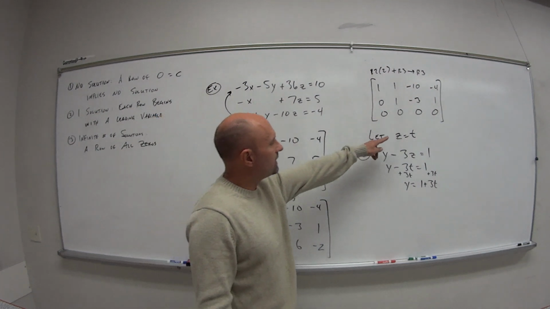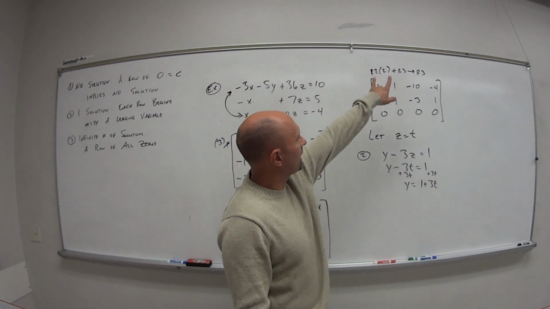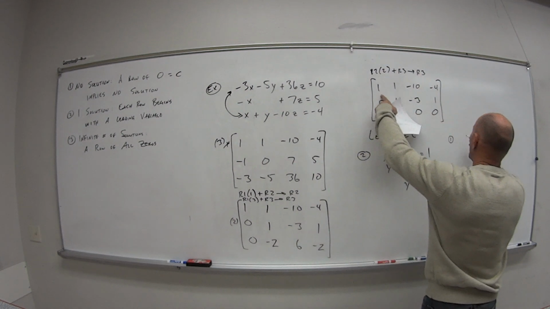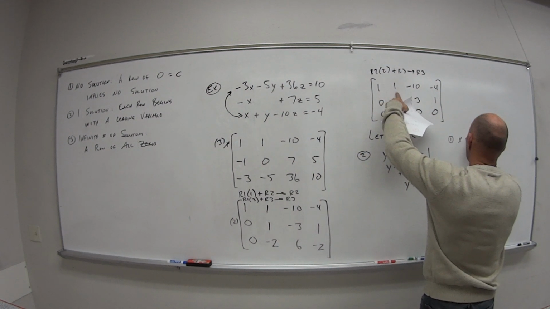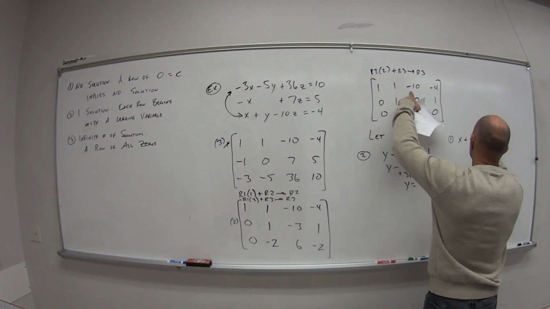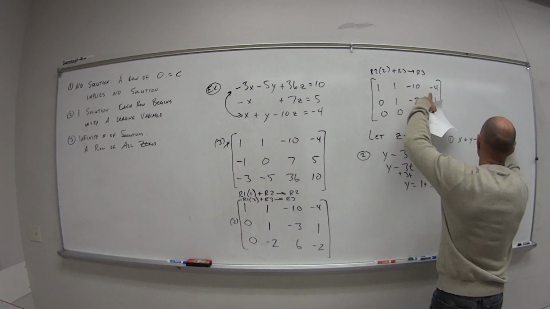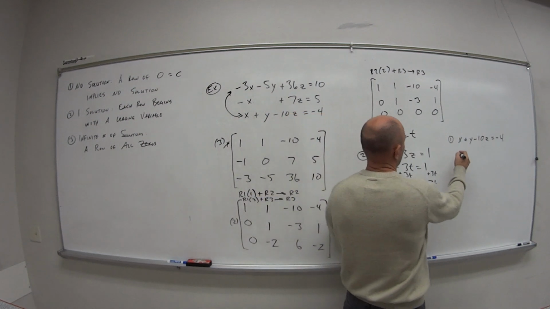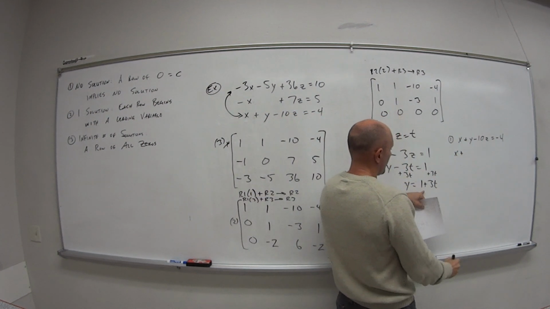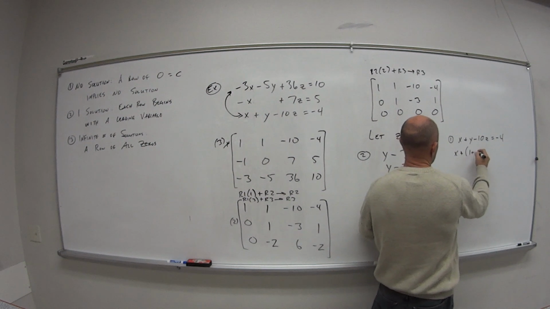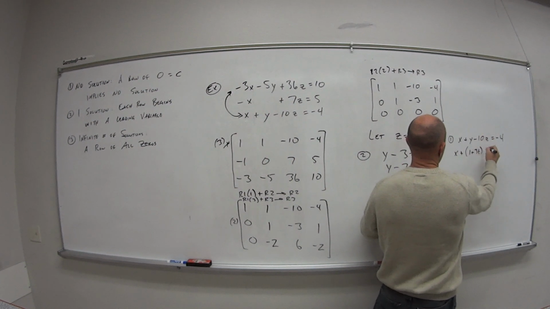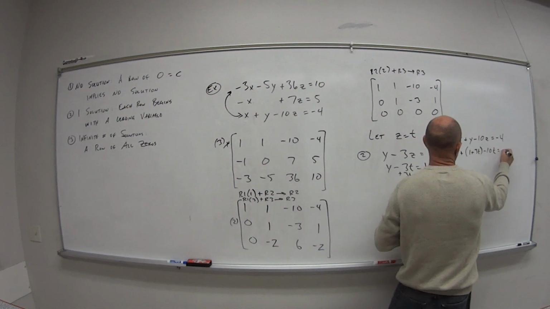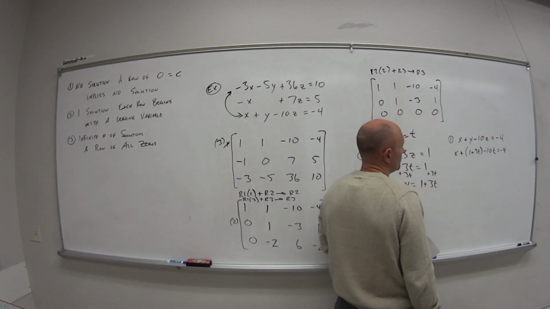So now I have z, now I have y, I can back substitute that into equation 1, and I get what? X plus y minus 10z equals negative 4. So substitute what I had, so I have x plus y, which is 1 plus 3t, minus 10 times z, which is t, equals negative 4.